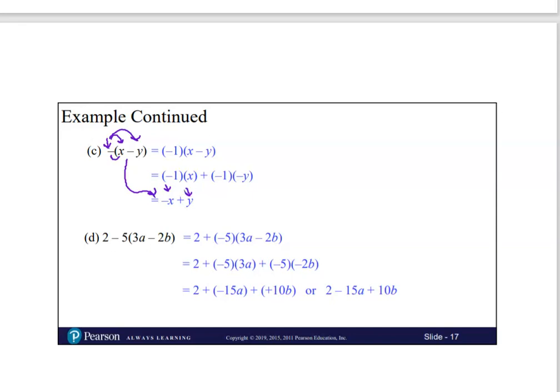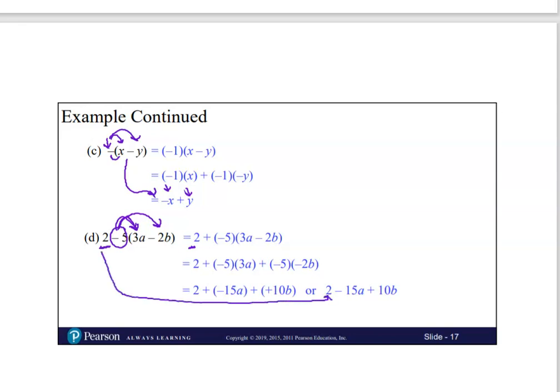Down here, this 2, we haven't done anything with at all. We would just write that down. The only thing that is really in front of the parentheses is the negative 5, which needs to get multiplied by both of these terms in the back. So negative 5 times 3a, okay, gets us our negative. I'm going to go straight to the answer.